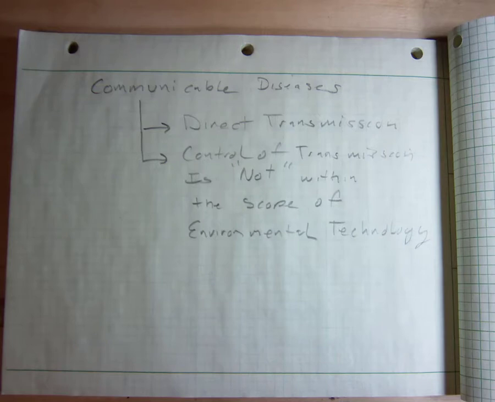Now let's look at types of communicable diseases. Waterborne and foodborne diseases are perhaps the most preventable types of communicable diseases.